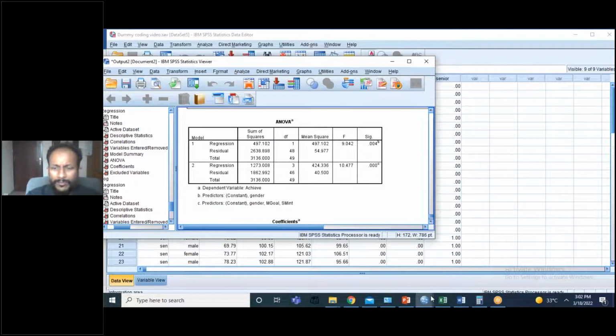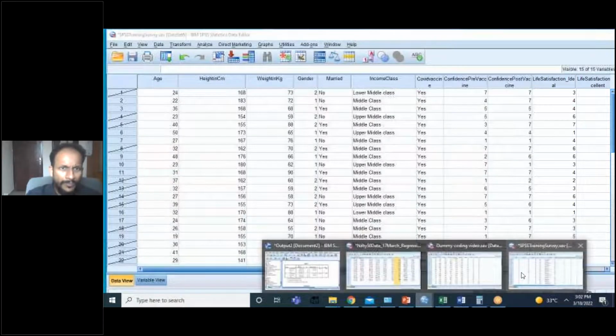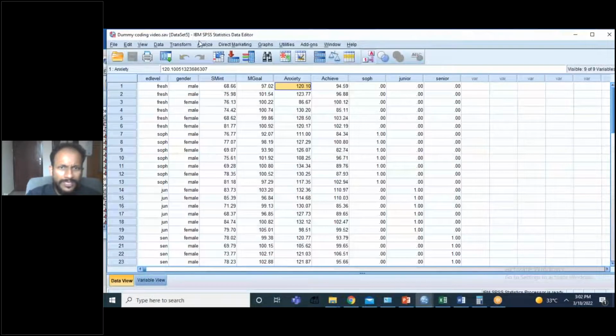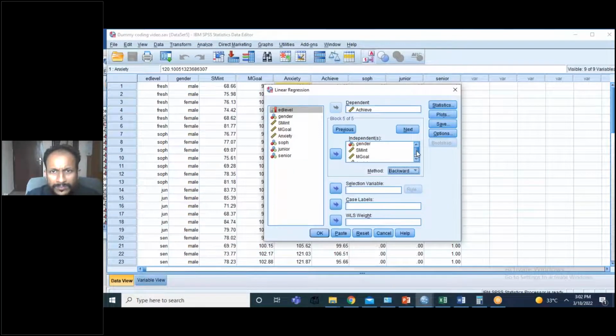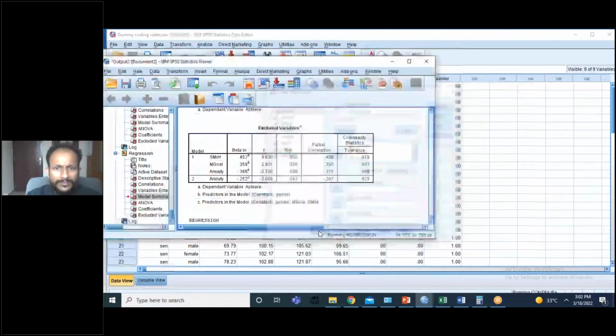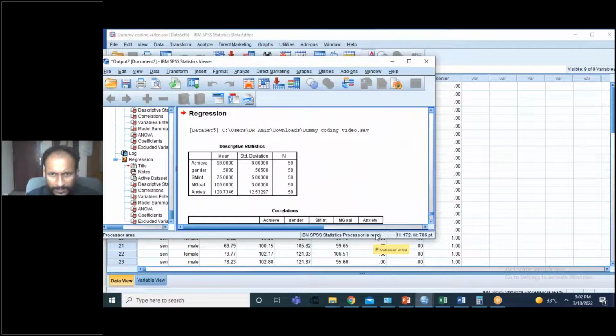Okay, I'm rerunning the model because I'm still waiting for the output. Regression, linear. Okay, ready. Just waiting for the output.